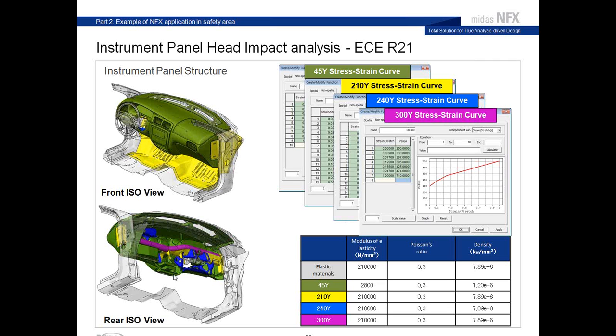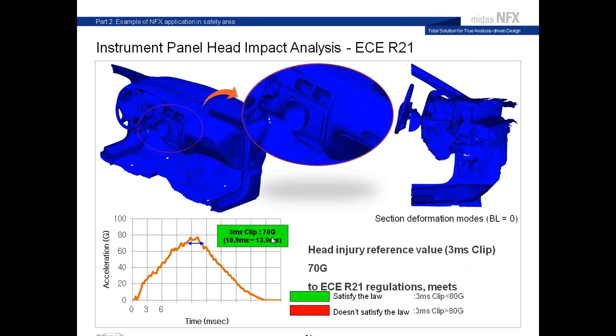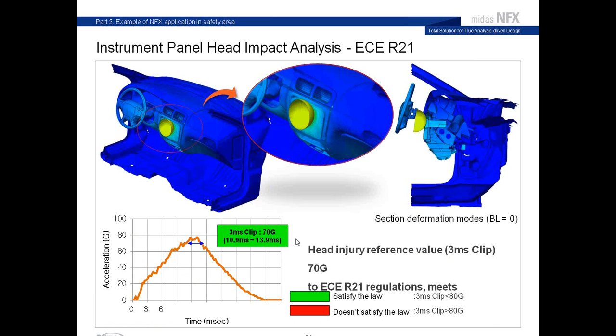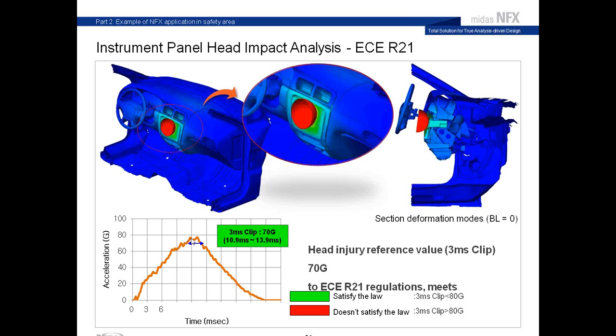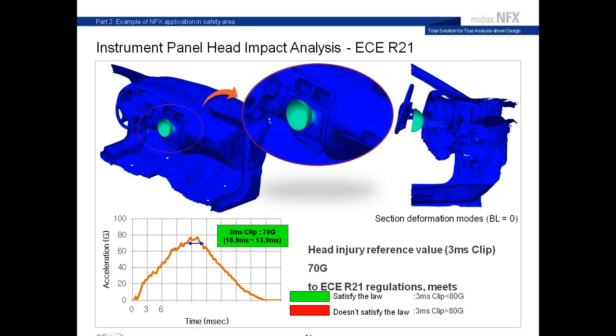This is the system, which is composed of a few parts with different stiffness. And now you have the result. You see the head is impacting the part in the middle, and you have acceleration. In this case, what is required by the regulation is the acceleration.